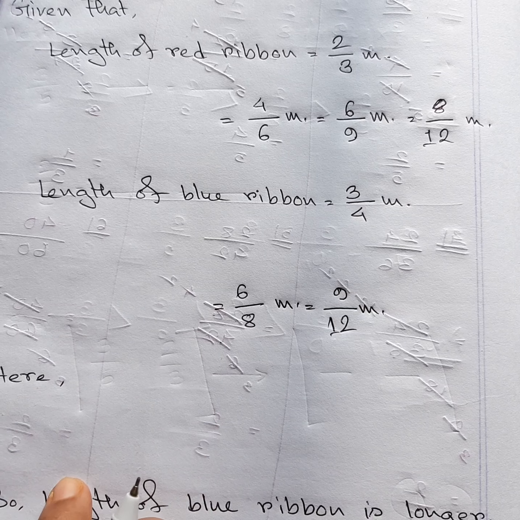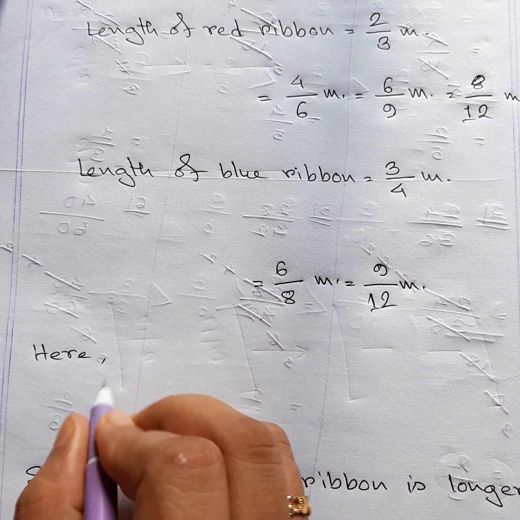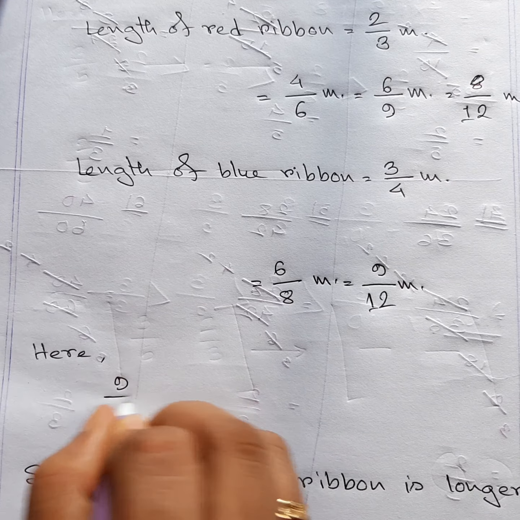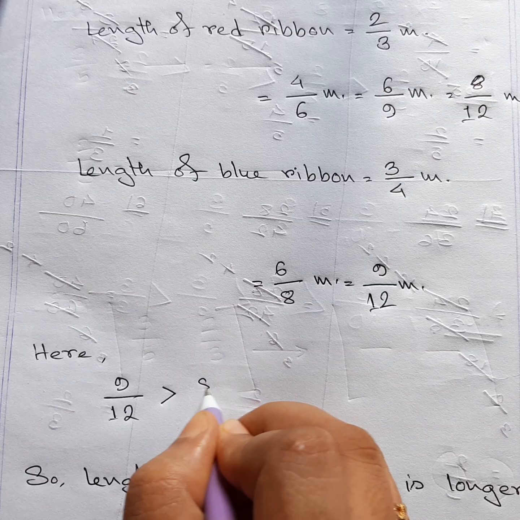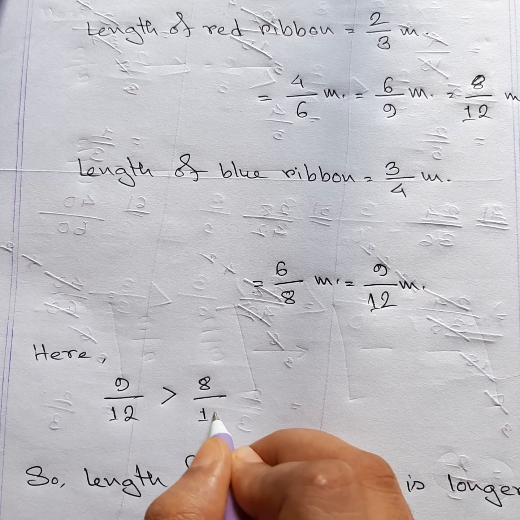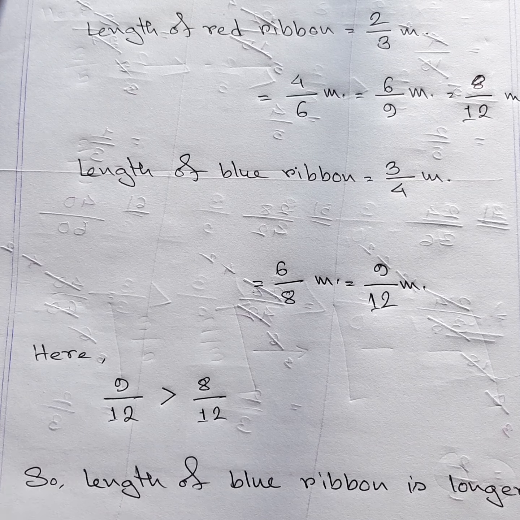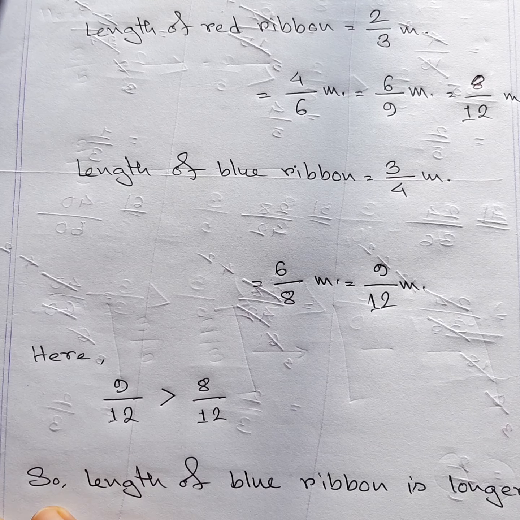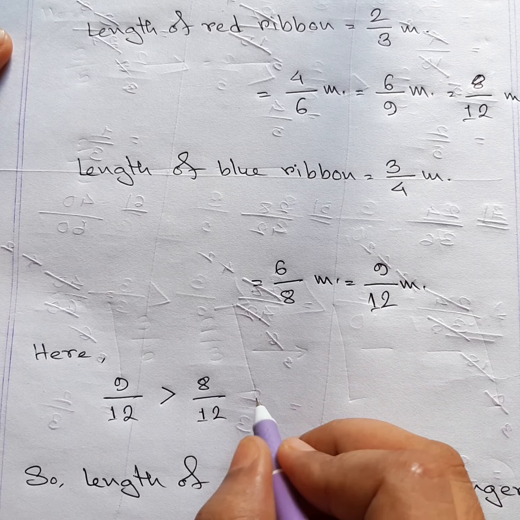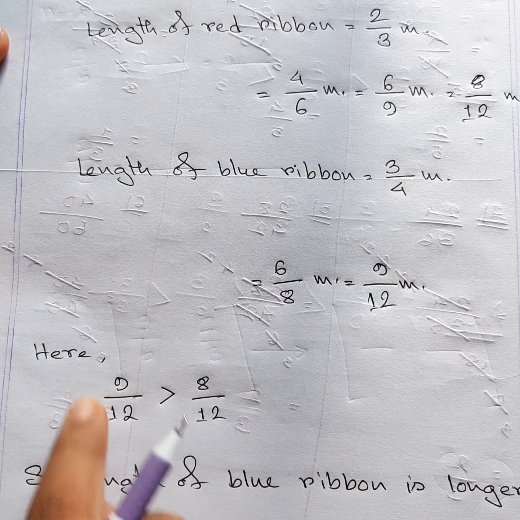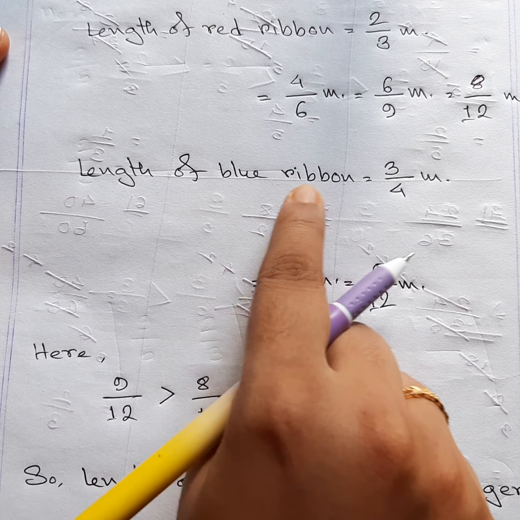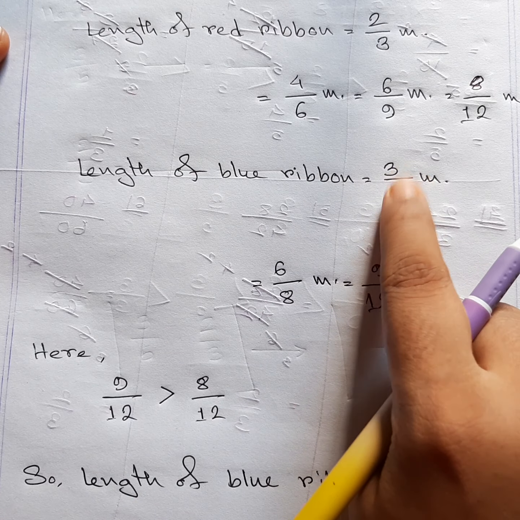So here we are going to write down 9 by 12 is greater than 8 by 12, or you can say 9 out of 12 and 8 out of 12, it doesn't matter that much. So we have already found out that the blue ribbon is longer and the fraction of the blue ribbon is this one.